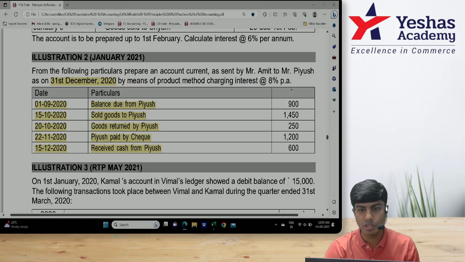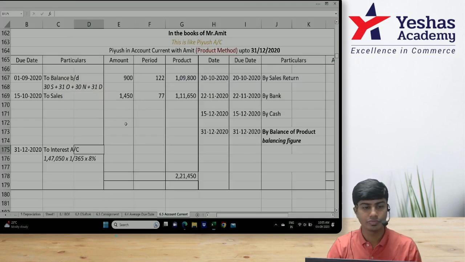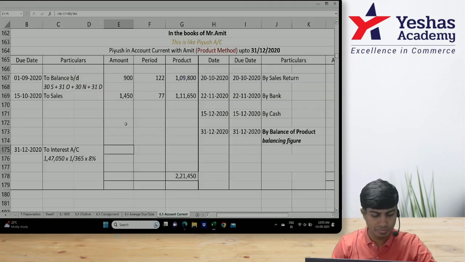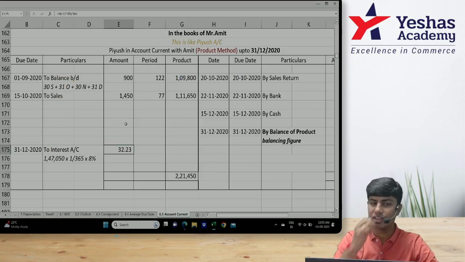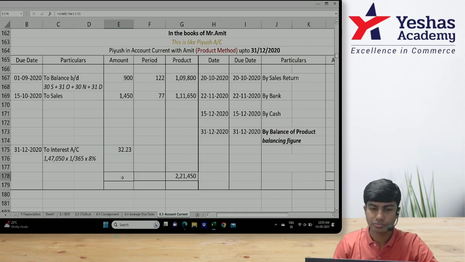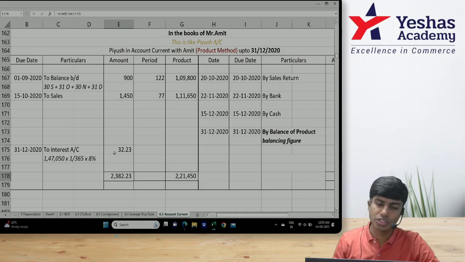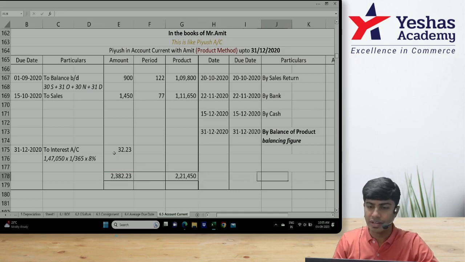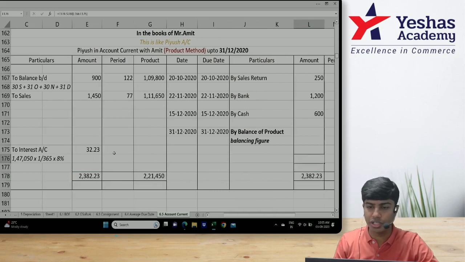What is given in the question? 32.23. Now find the balance in figure in the amount column. 900, 1,450, 32.23. 2,382.23.